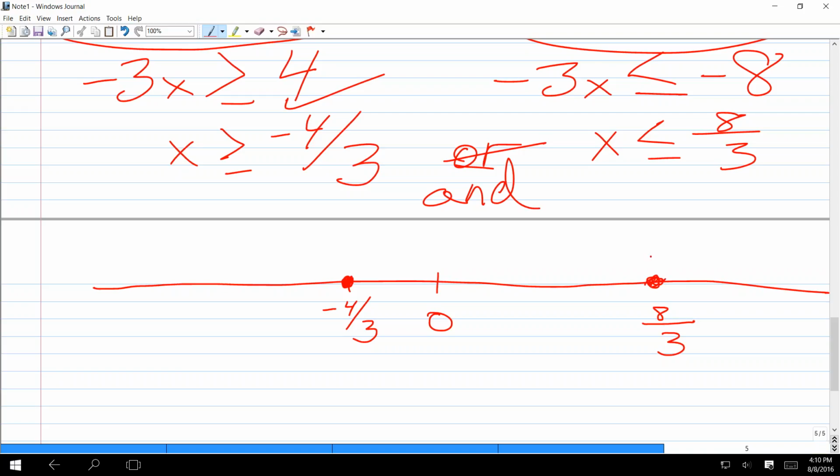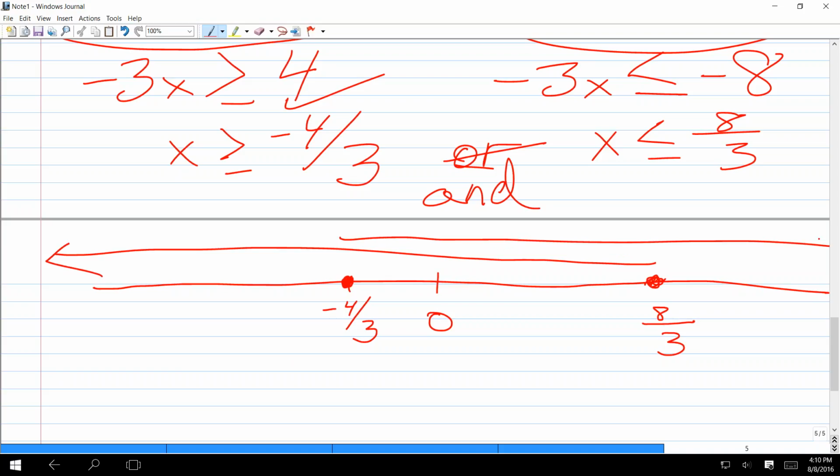Now it says X is less than 8/3 and greater than 4/3. So what's the solution? All real numbers.